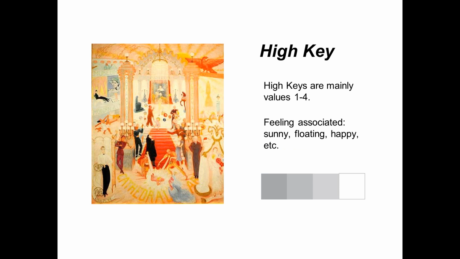So let's start with the first key, which is a high key. The dominant value range, our range is 1 through 4. Now remember, 1 is white, 10 is black. So 1 through 4, these are very light values, okay? Feelings often associated with high keys: sunny, floating, happy.